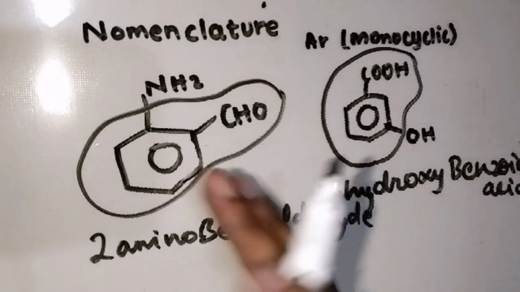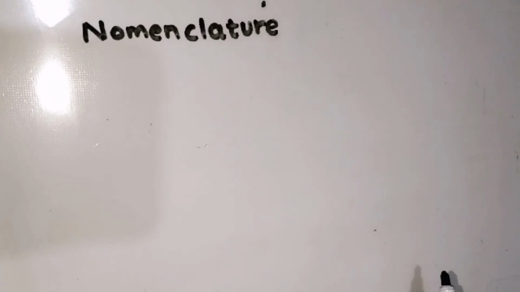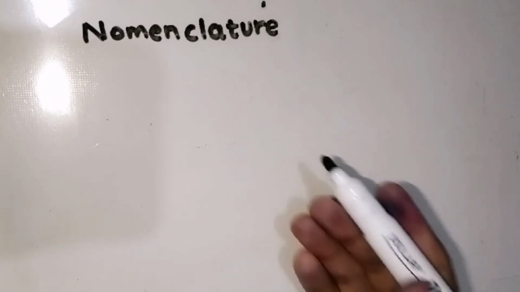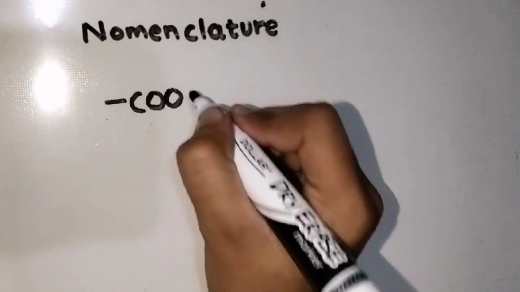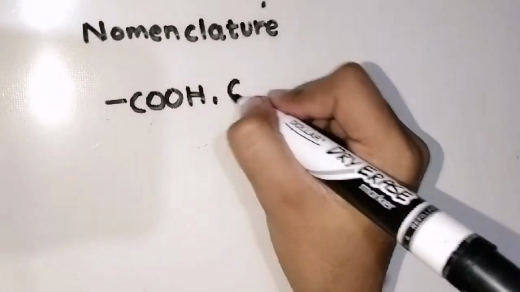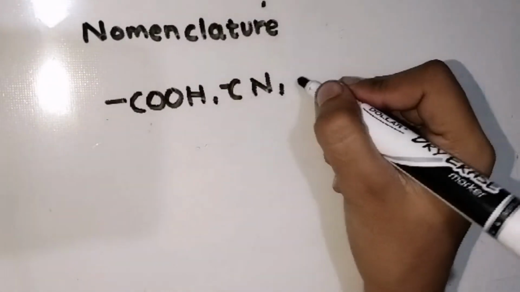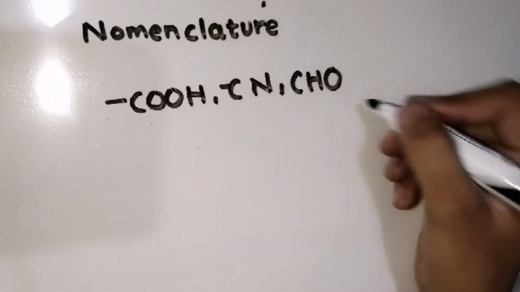So now let's talk about the priority order. If you talk about the priority order, on the first place you have a benzoic acid group. On the second place you have a cyanide. On the third place you have this aldehyde group.